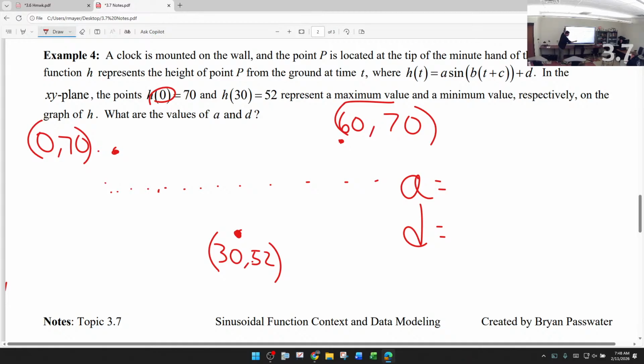Or this is 52 down here, and this is 70 up here, which gives me 4, 5, 6, 7, is that 18? Divided by 2, don't put 18. Now, some of you cats will put 18. 18 is from the max to the min, that's not the amplitude. The amplitude is from the midline to the max or midline to the min, which is 9. Half the 18.